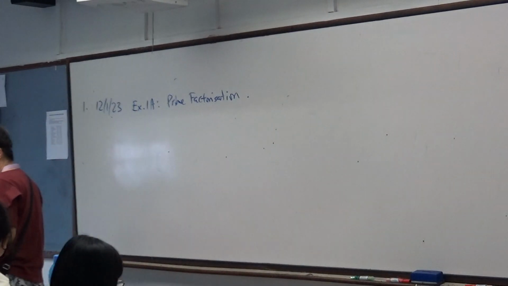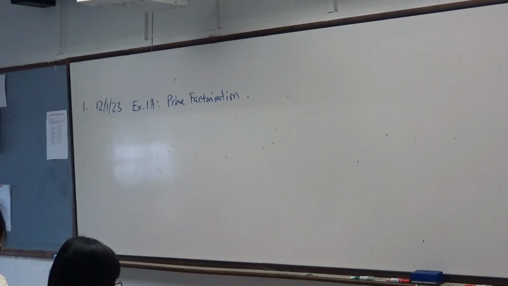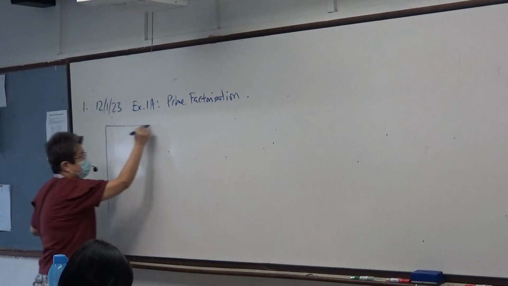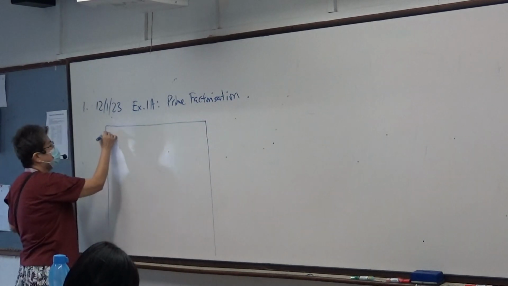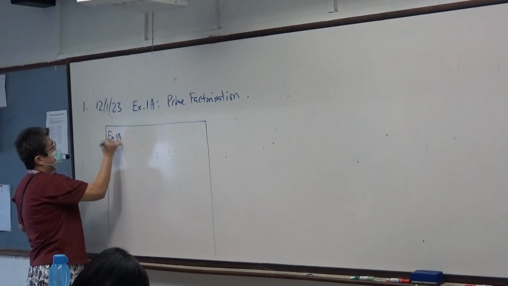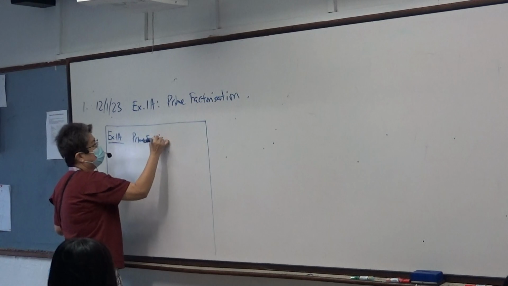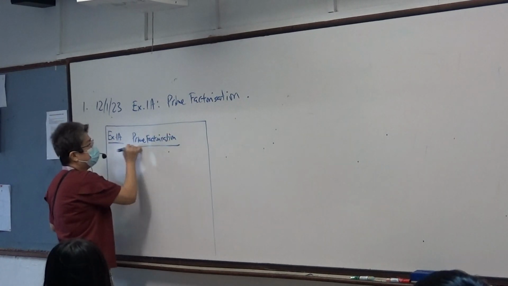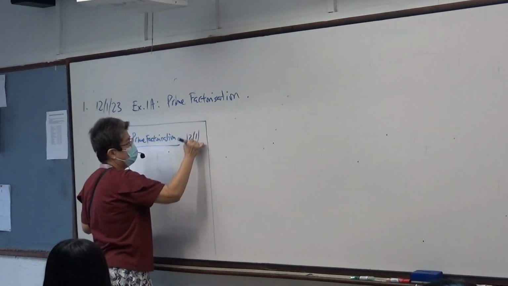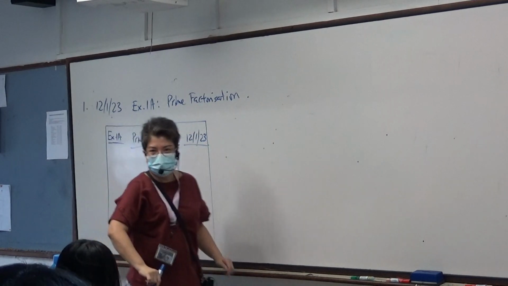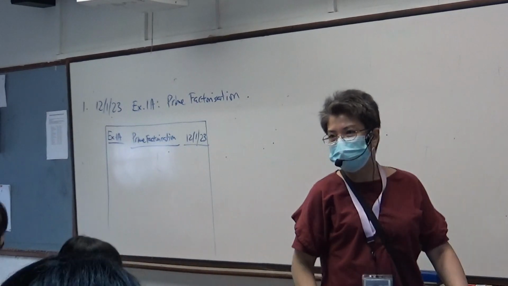Where are your content pages? Where's yours? Take out the topic. Yes, correct. Now, can you take out a piece of foolscap paper? Write down exercise 1A. Prime factorization. And then today's date. All of you to do it now.